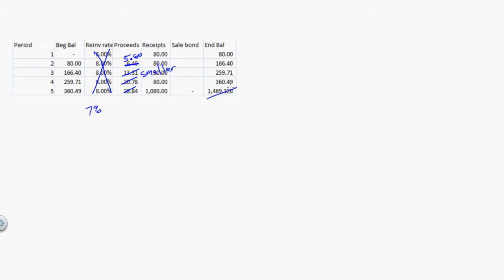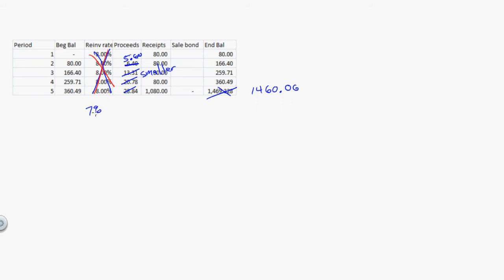If we go through all the math, this turns out to be 1460.06. So if interest rates drop, I'll lose. I owe the guy $14.69. I'm bankrupt. But what happens if interest rates rise?